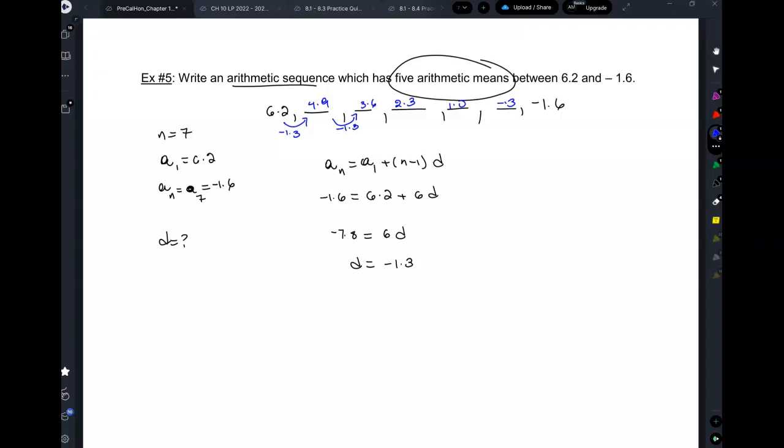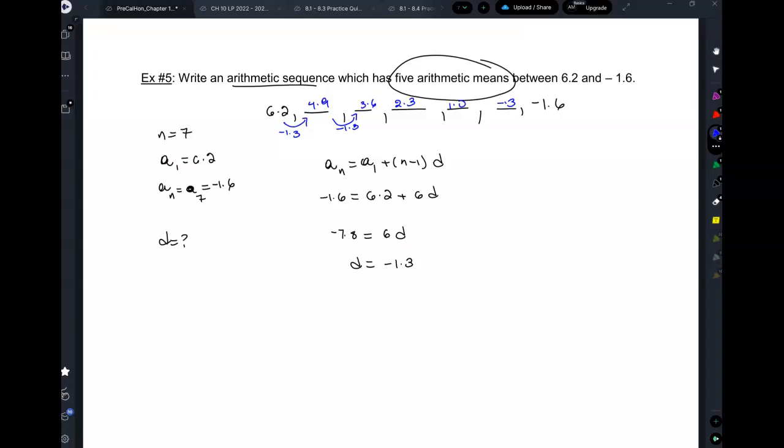Yeah. What are you doing in the A n equals A subscript 7 equals... sorry, I'm mixing it up in my head. A subscript n equals A subscript 7. A sub n is the last term in the sequence that you're looking at. In this case, because n is 7, the last term is also A sub 7, which is negative 1.6.